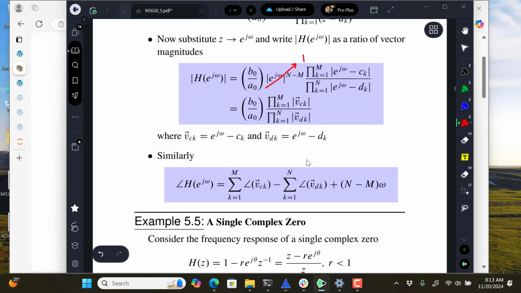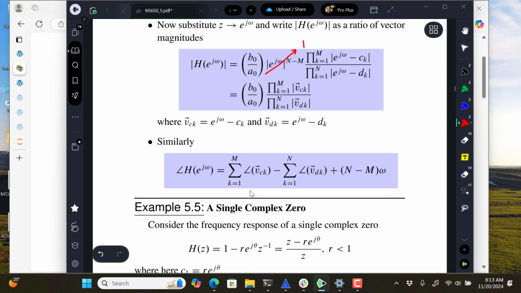If you want to go ahead and take that over to the phase angle, it will be the angle associated with all of the zeros minus the sum of the angles associated with the poles to their respective locations.